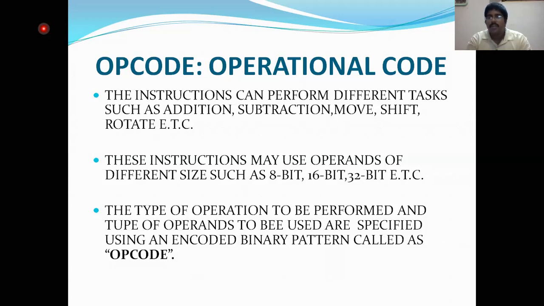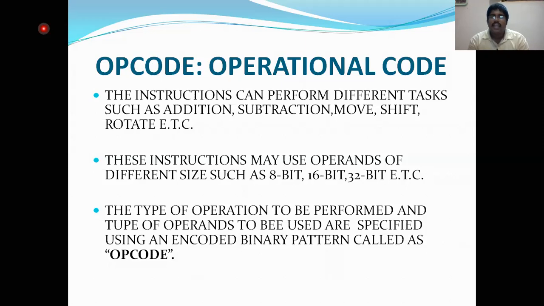Why are these called operational codes? For performing addition operation, we are writing a code language which can be understandable by that particular processor or controller. For subtraction operation, we are writing an instruction called sub, which will be understandable by that particular processor or controller.